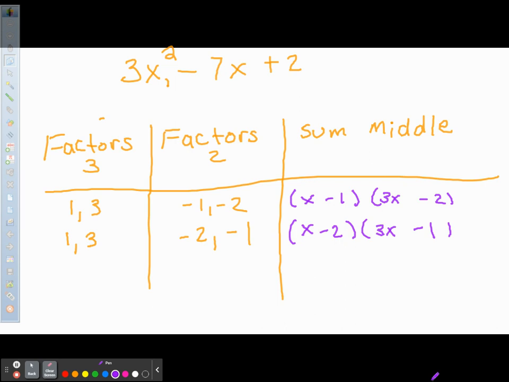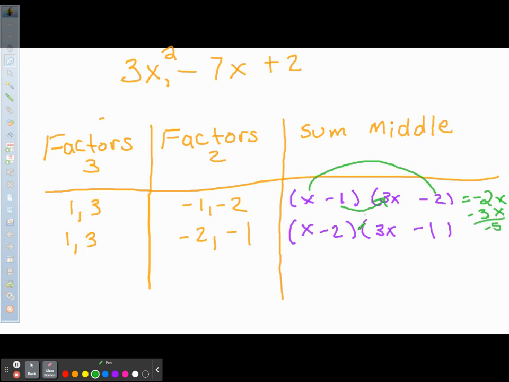Okay. So to figure out which one works, you figure out what your middle term would be. So you would do x times -2, which is -2x, and then do -1 times 3x. So what's -1 times 3x? -3x. What's -2 plus -3? Okay.